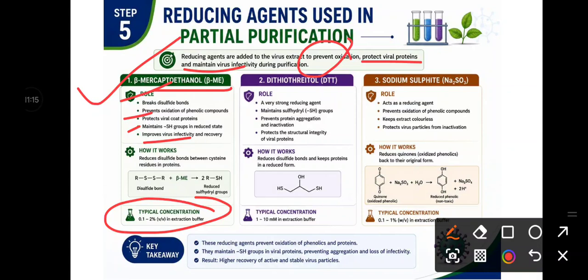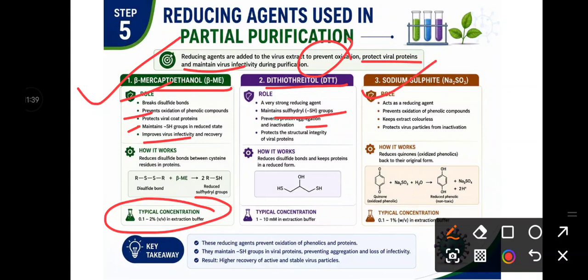Then the second most important reducing agent is dithiothreitol, DTT. It's also a strong reducing agent. It also maintains the sulfhydryl group and prevents protein aggregation. So the major thing that the reducing agent does is prevent protein aggregation or protein coagulation.